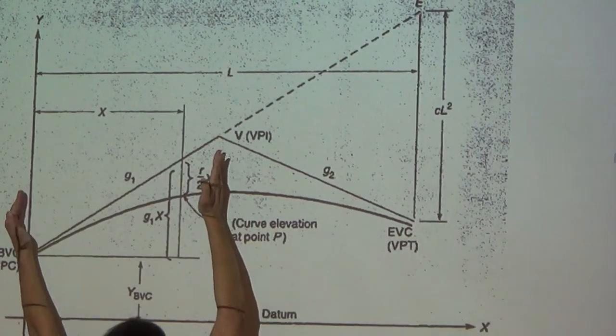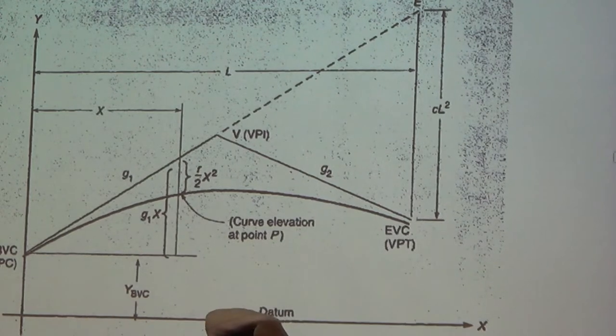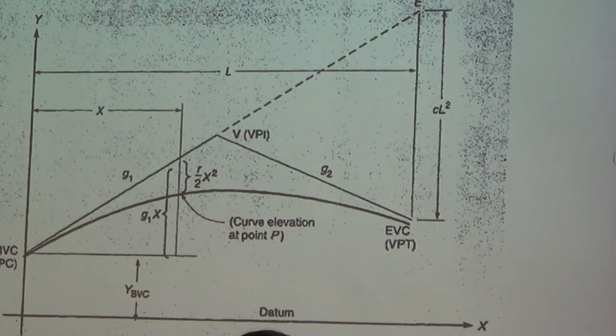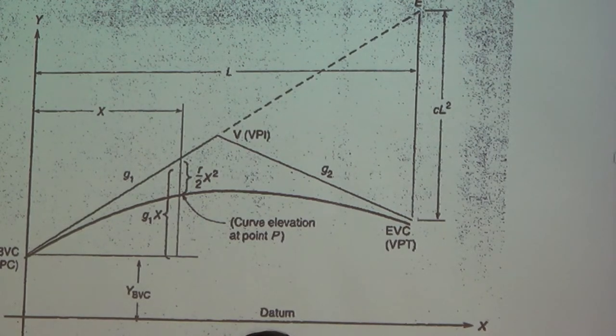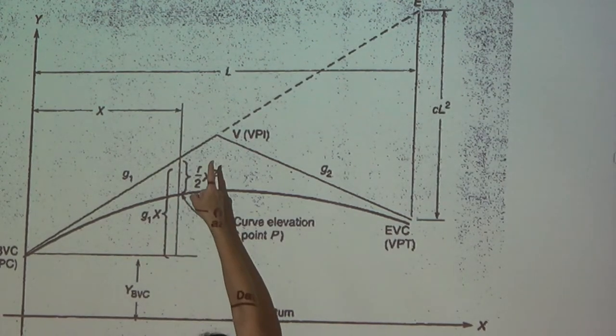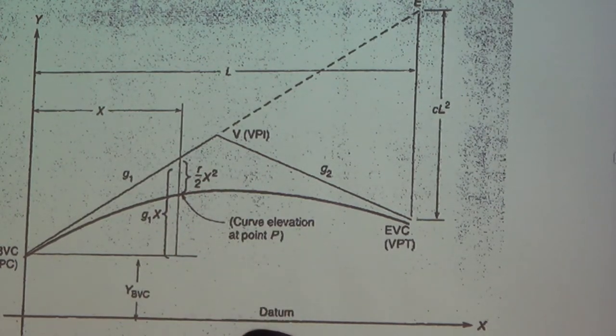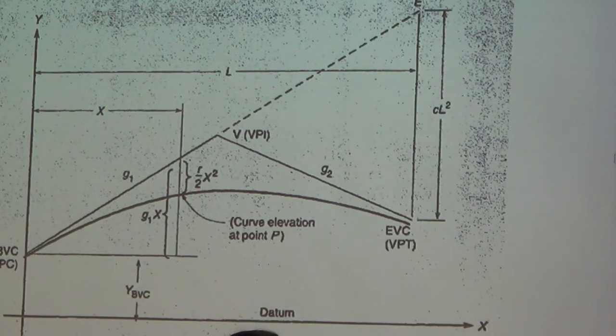Those are called equal tangent curves, and you'll see that wording in a little bit. There are vertical curves that are not like this, we're just looking at the easiest one. So the vertex is the point where G1 and G2 intersect. It is not the high or low point of the parabola. Everybody got that? But it is the center point.